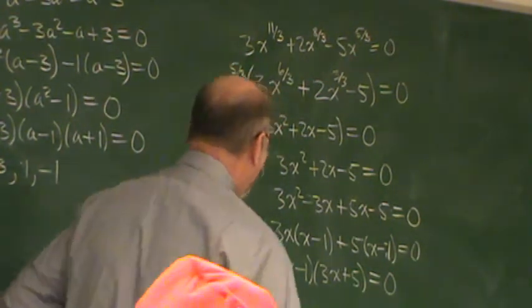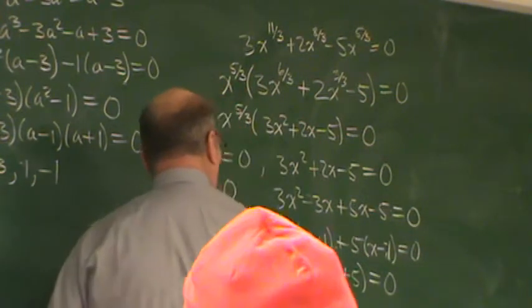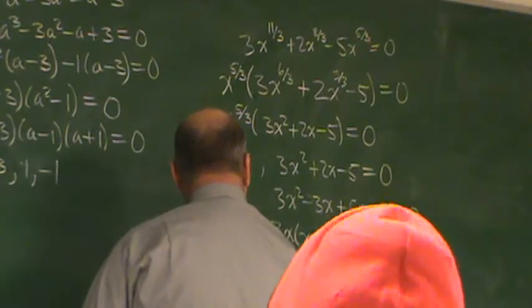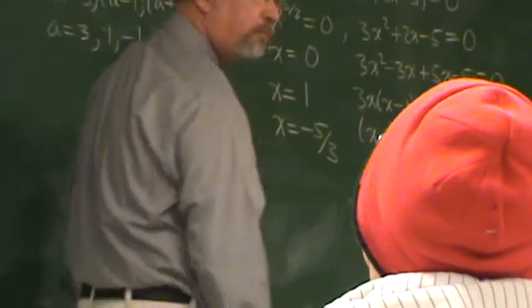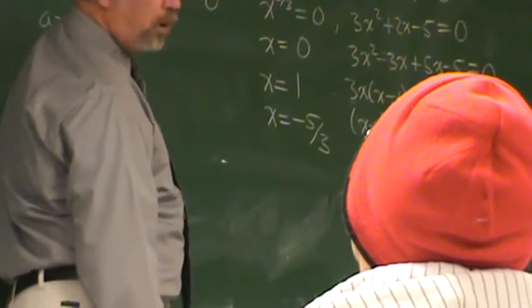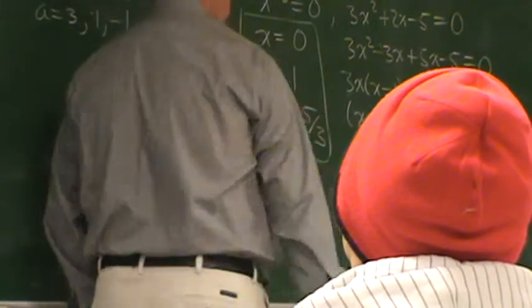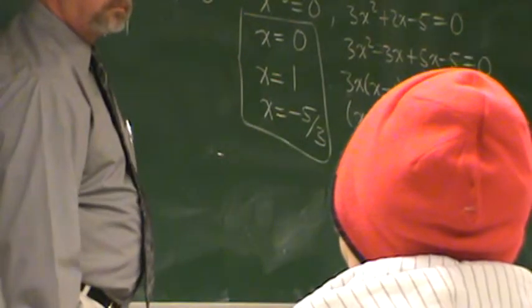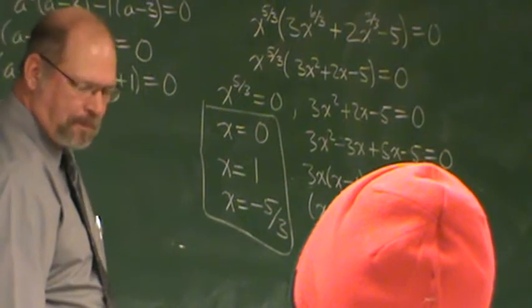This tells us that x can also be equal to what? 1 and negative 5/3. So, in this case, we get 3 solutions. Go with me?